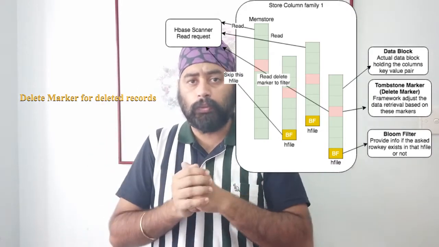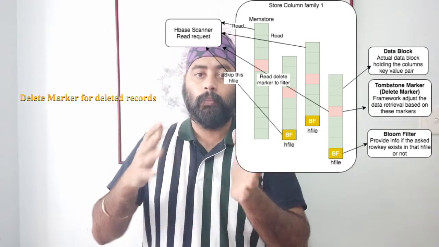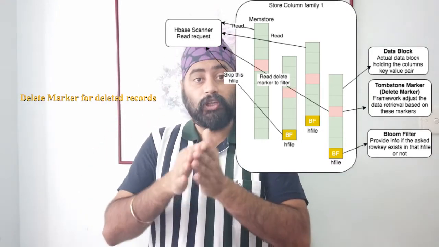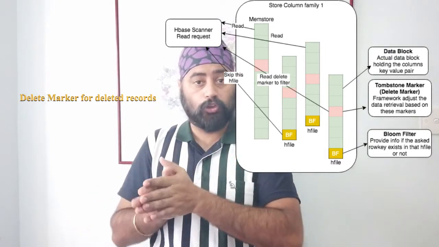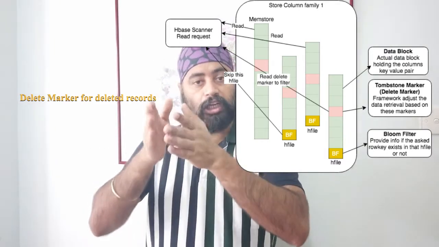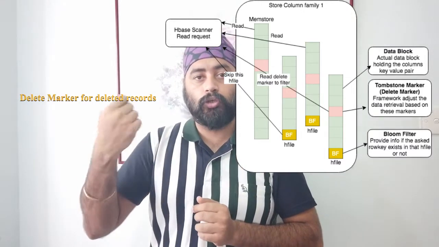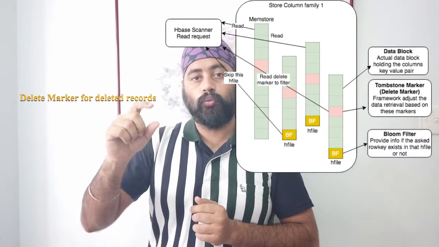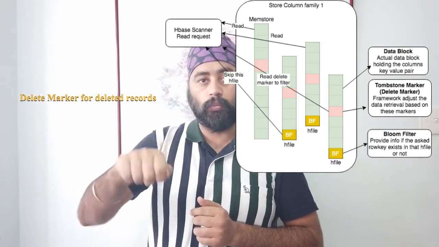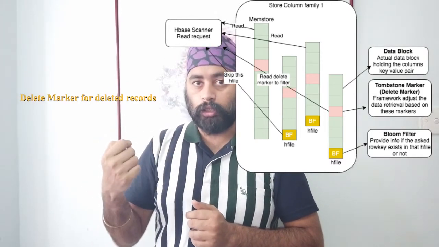One region will have multiple store files based on the multiple column families and based on data. Then it has to scan all those stores, find out which store the row key belongs to, get that information and produce it.